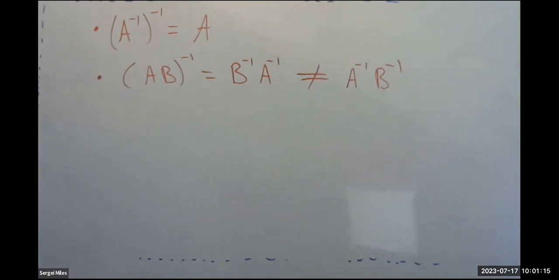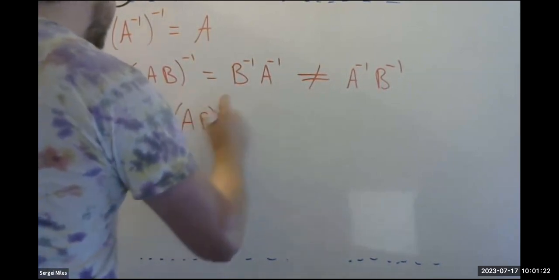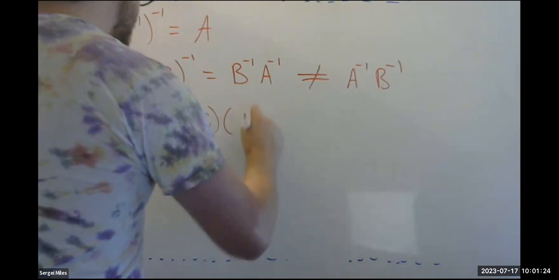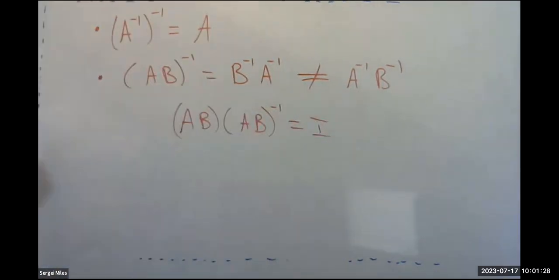Why? Well, think about it. In order to be an inverse, that means AB times (AB) inverse is supposed to equal the identity matrix, right? This is a fact we already know.